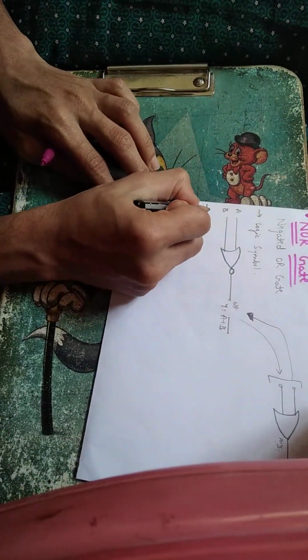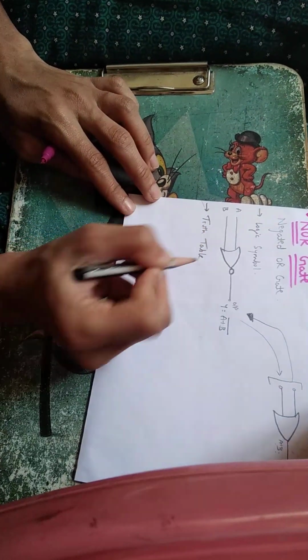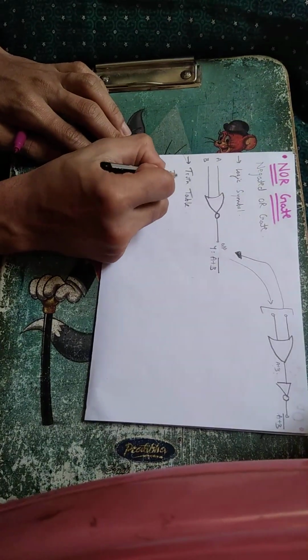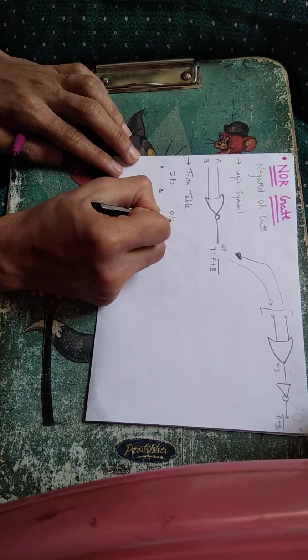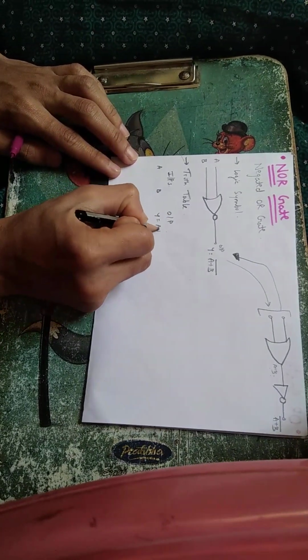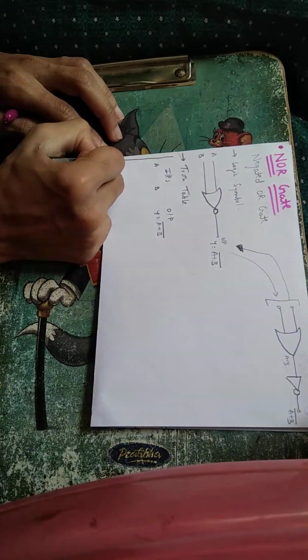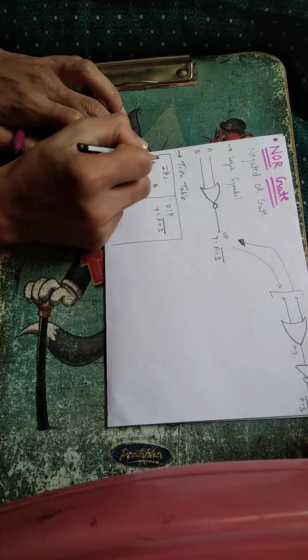So now let us take a look at the truth table. There are inputs A and B. There is the output, that is Y equal to (A plus B) complement. And now you divide this truth table: inputs column separately, output column separately.